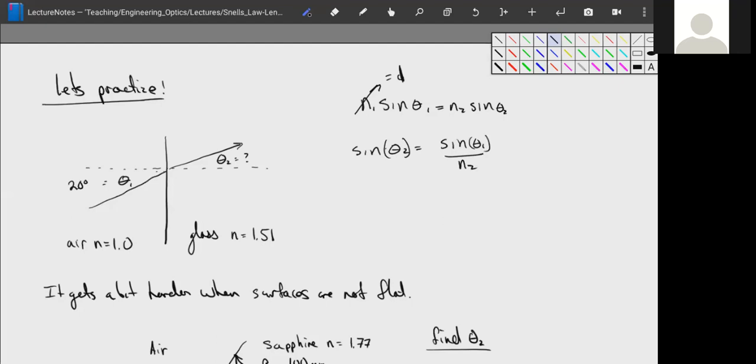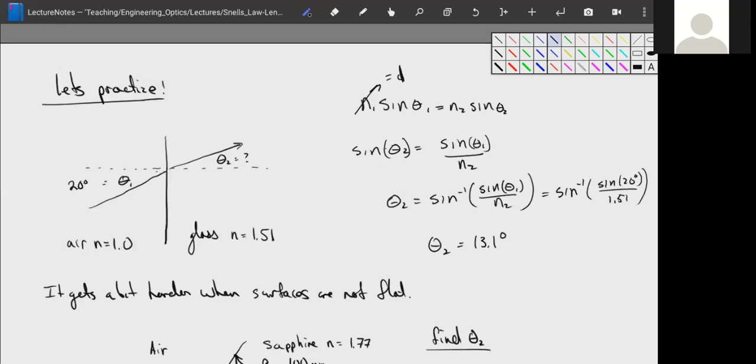And then we can take the inverse sine of both sides, and we get theta 2 is equal to sine inverse of sine of theta 1 divided by n2. Plug in our values, and we get sine inverse of sine of 20 degrees divided by 1.51. If we plug that into our calculator, we get theta 2 is equal to 13.1 degrees.